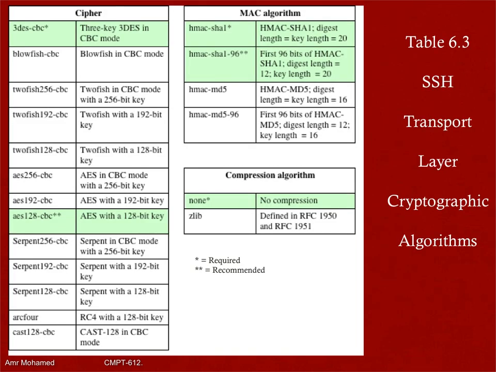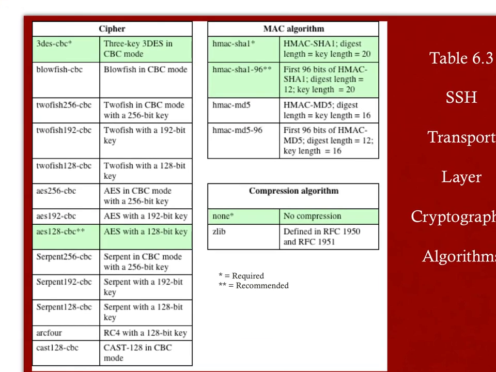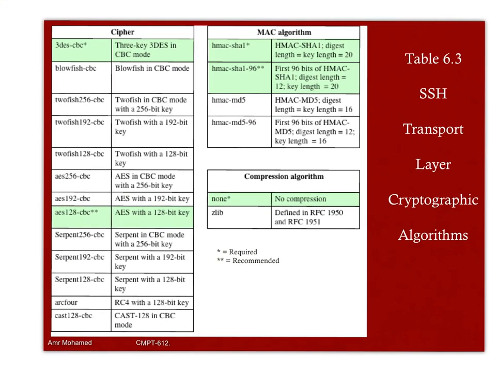So these are the set of protocols or mechanisms that can be used for the different aspects of security, including the cipher for encryption. The green ones are the ones that are mandatory to be part of the implementation.